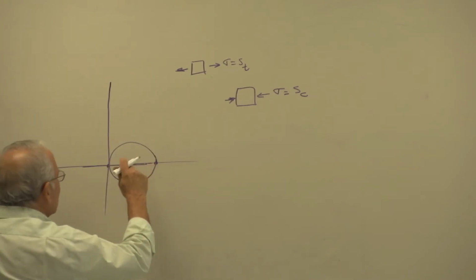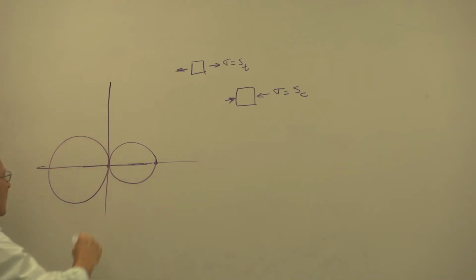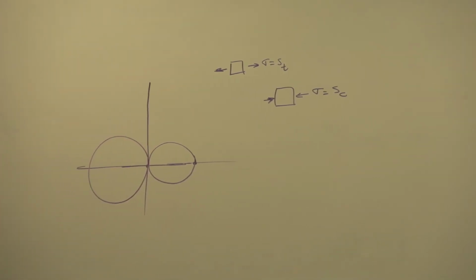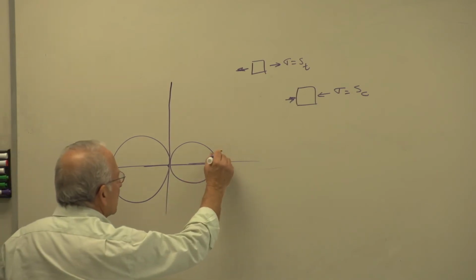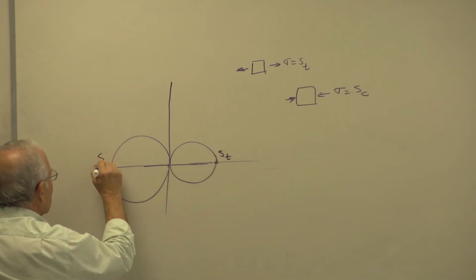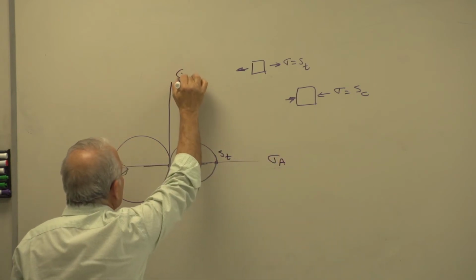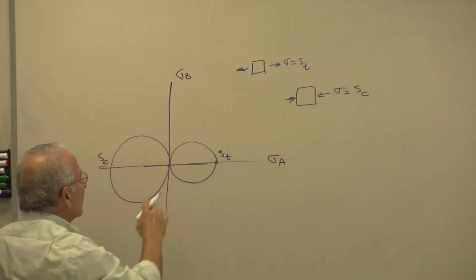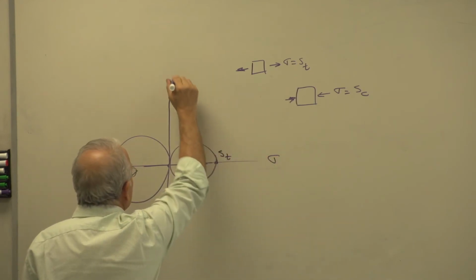At that instant, if you draw the Mohr circle, it'll look like that. This is ST. This is SC, that's sigma A, sigma B, the principal stresses. Sorry, not the principal stresses. Normal and shearing stress.